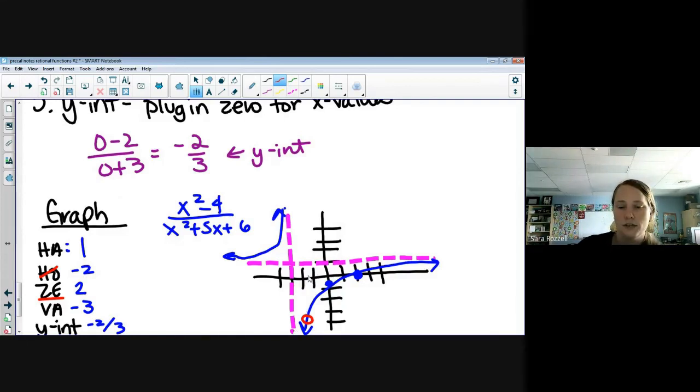So that is at x equals -2. Go to where your graph is and make a hole. You can do a little erasing if you need to, right there. So you see how we used all 5 of these things to put the stuff on the graph together?